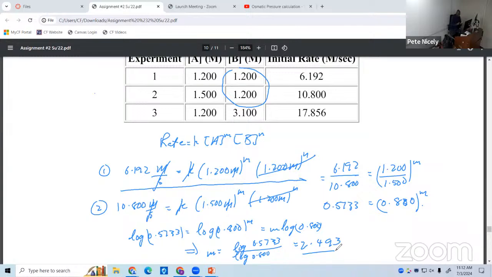Let me recheck this here, 6.192 divided by 10.8. But normally this would be a whole number.